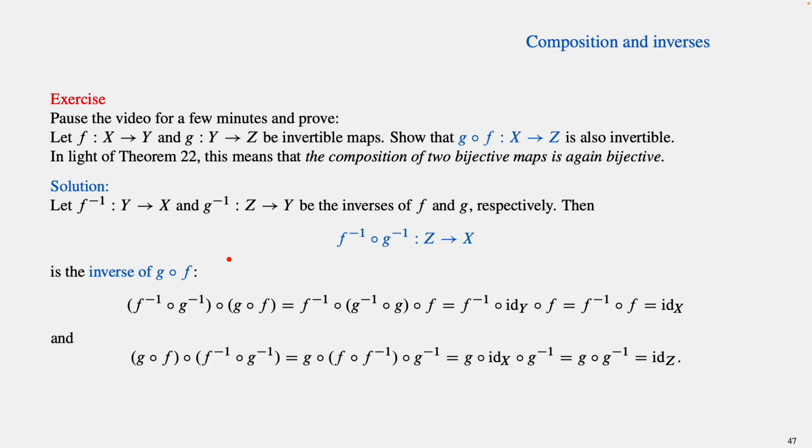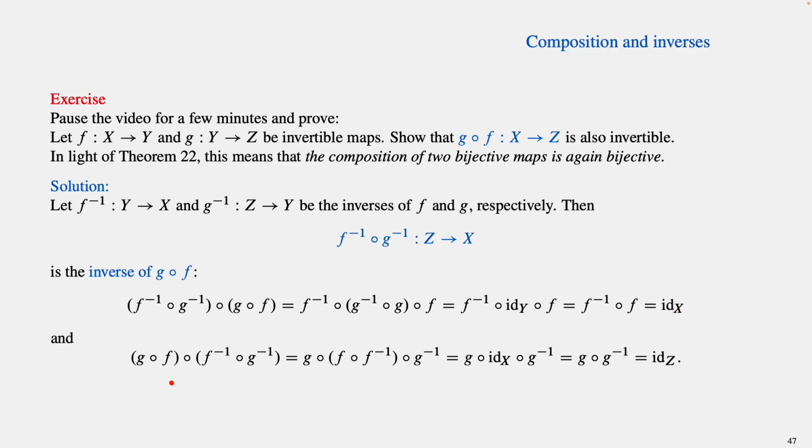And I can do this simply using the associativity of the composition. So I compose this one with this one. And because of associativity of the composition, I can put these two into parentheses, but then I know this is the identity on Y. So I can just leave this one out and arrive here. But then I know that this is the identity on X.